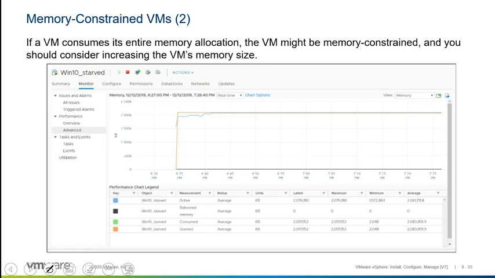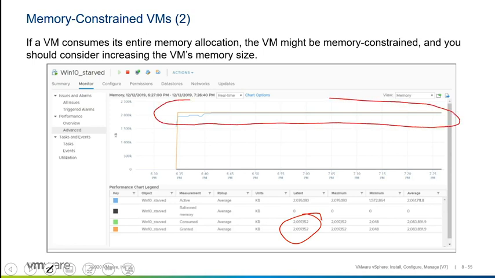Now, if we've consumed that entire allocation, we might be memory constrained. Think about increasing the memory size. Look at this particular VM where I've consumed all 2 gigs at this point, and we can see that this is constantly high right here.